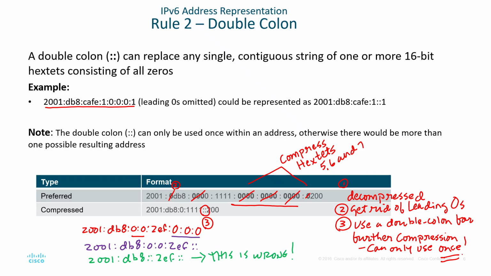You could not do that last way. Your device doesn't know. Do you have a series? Now, it knows it needs 8 hextets, but is the first double colon 3 and the second one 2? Or is the first double colon 2 and the second one 3? It does not know. So you can only use this rule one time.